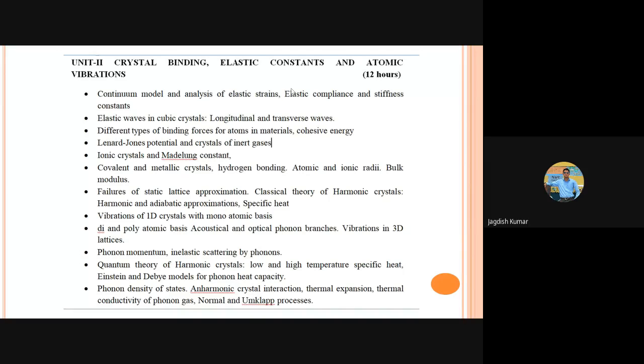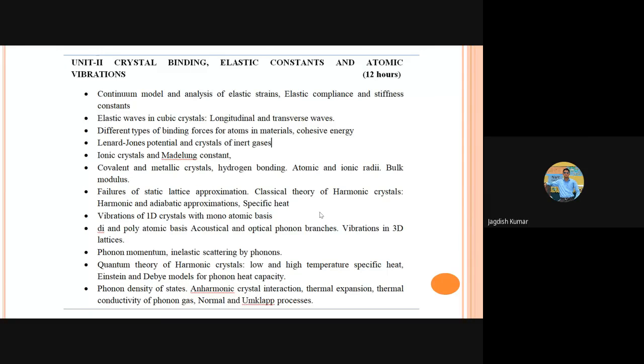In our first unit, we talked about crystalline materials in great detail. There, we also assumed that with the help of X-ray diffraction experiments, we can obtain the crystal structure of a substance.